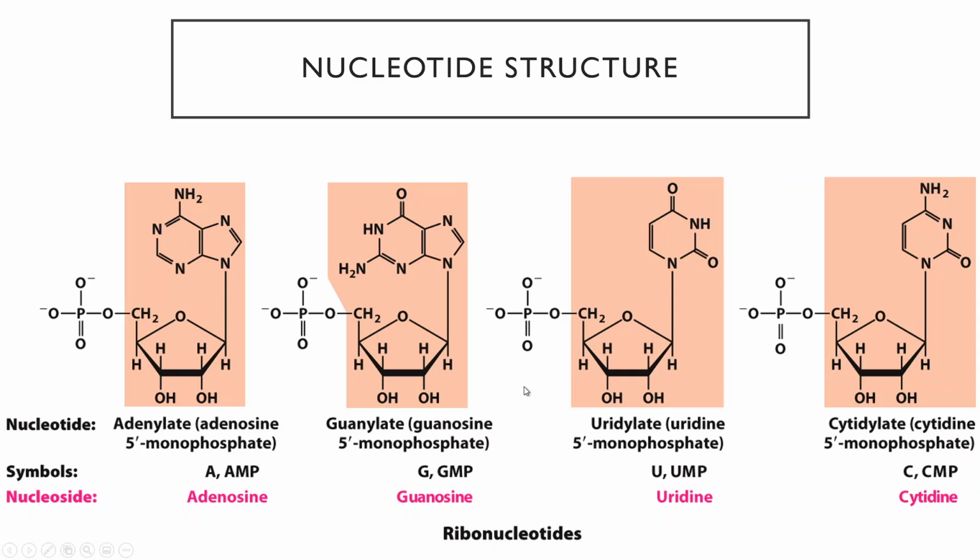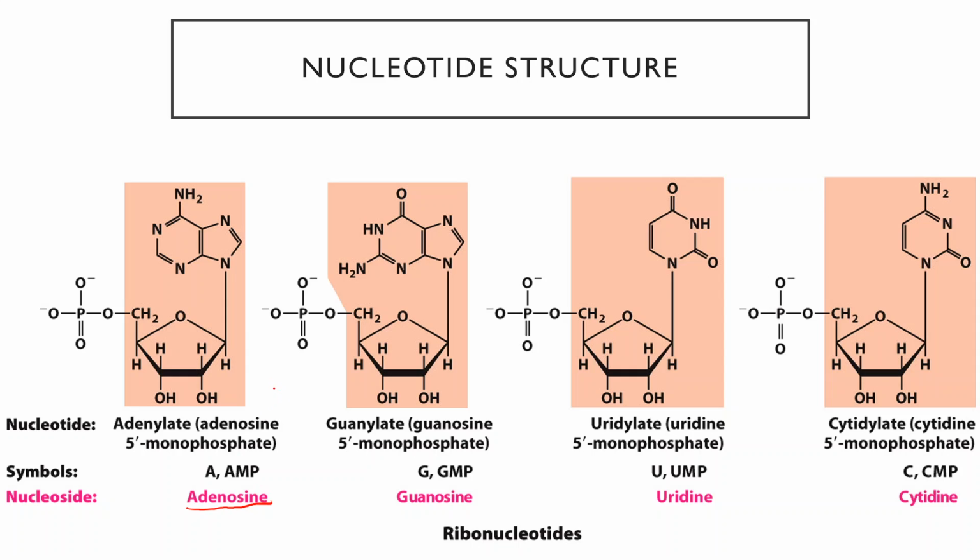So for the ribonucleotides, there are 4 of them, and they're named after the base that they contain. A ribonucleotide that contains adenine as a base, the nucleoside, the base plus the ribose, is called adenosine.